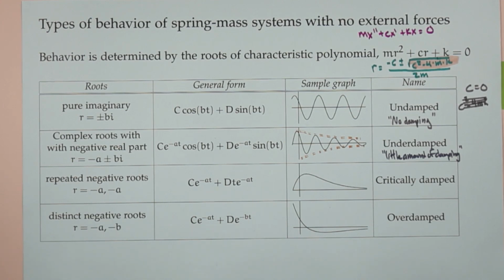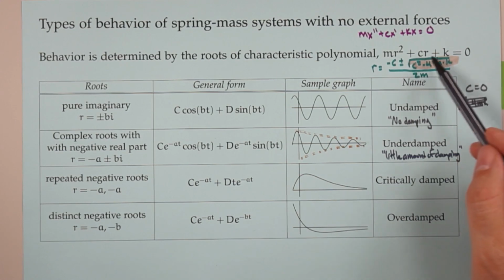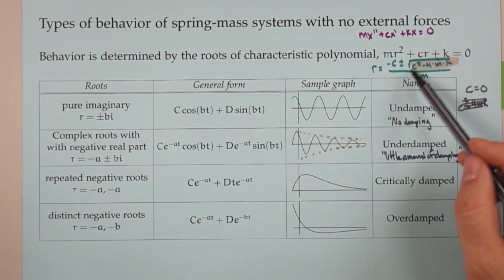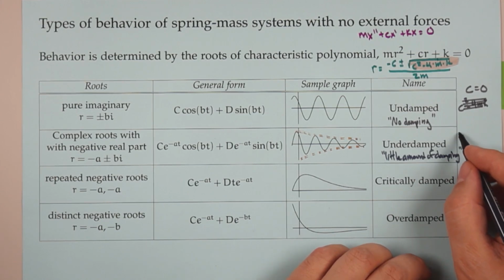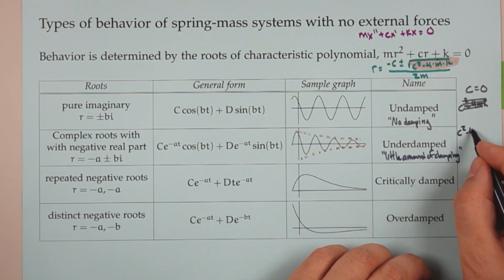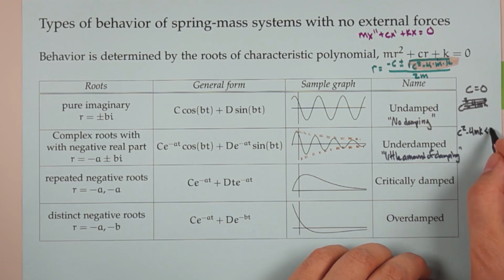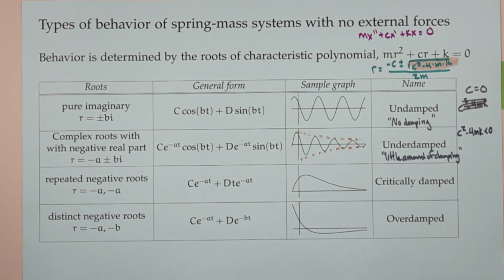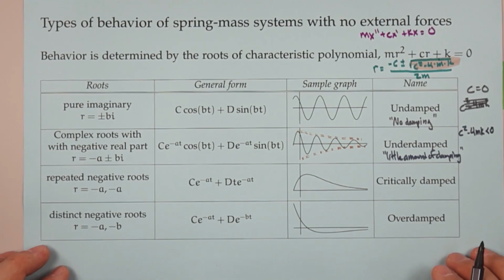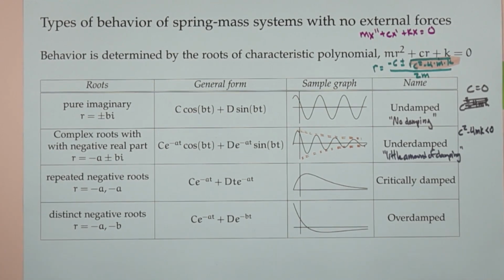So how do we know if we're in that case? Well, we want complex roots. The only place complex roots can come from is the square root. So this is if c squared minus 4mk is a negative value. If c squared minus 4mk is negative, then complex roots are in our future.